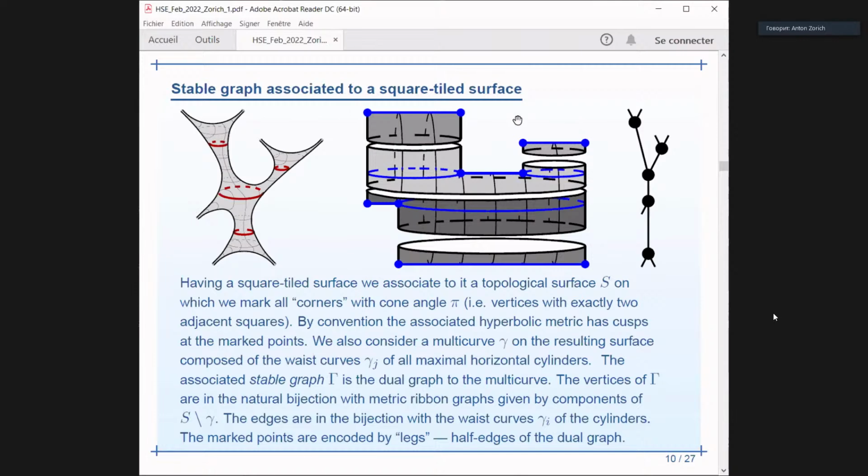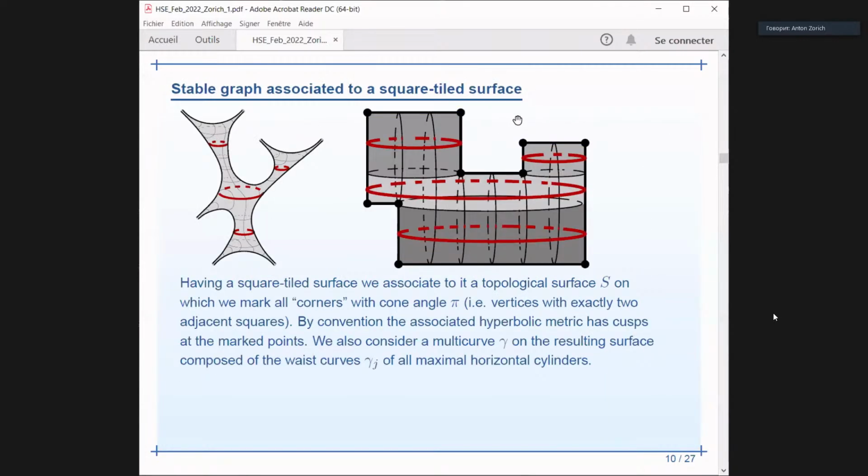Now I'm coming back to this picture. Let me withdraw from my square-tiled surface all critical horizontal levels. I'm calling a horizontal level critical if it contains any singular point, any point with cone angle different from 2 pi. Okay. I claim that what would remain of the surface would be a union of flat cylinders.